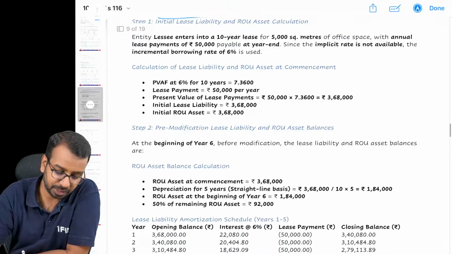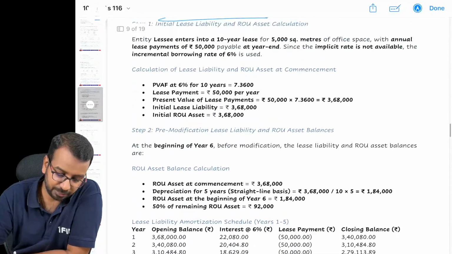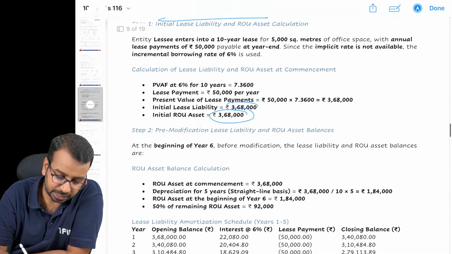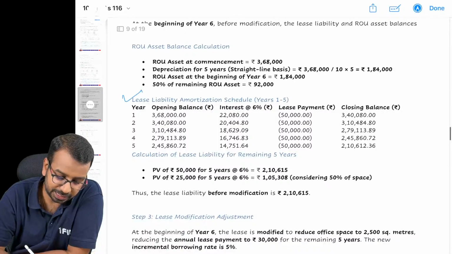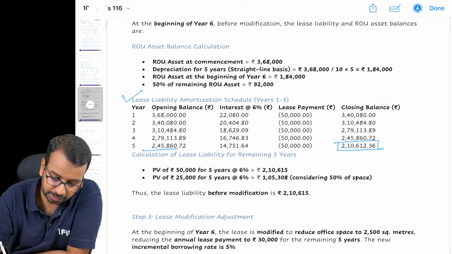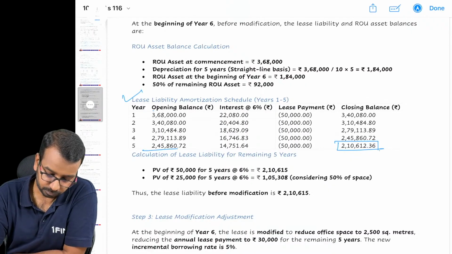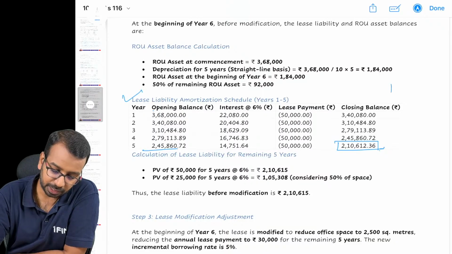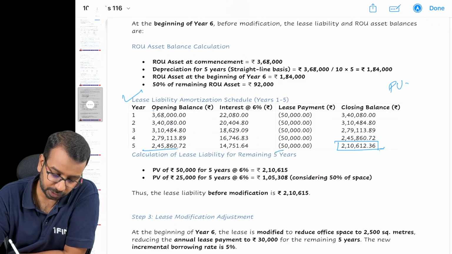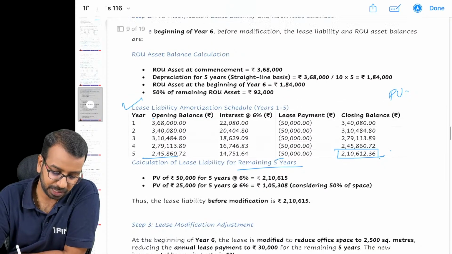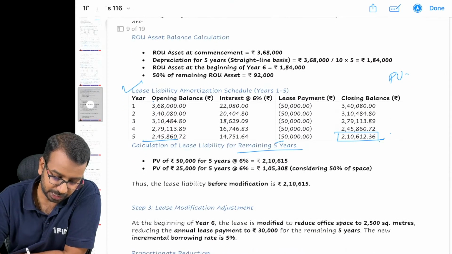So what has happened? Originally the initial right of use asset and lease liability is this. Lease liability amortization schedule for 5 years, it is 2,10,000. This is nothing but the present value of 50,000 for the remaining 5 years. Then what is the right of use asset?